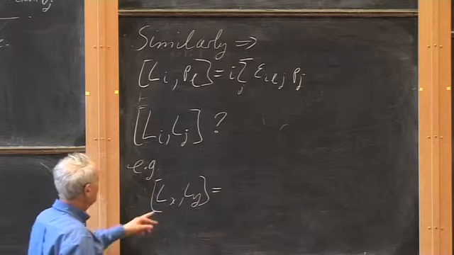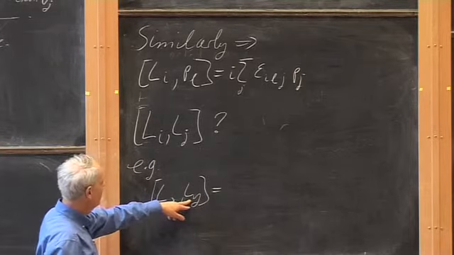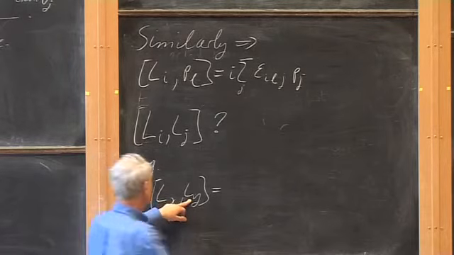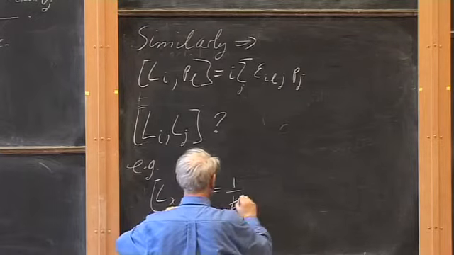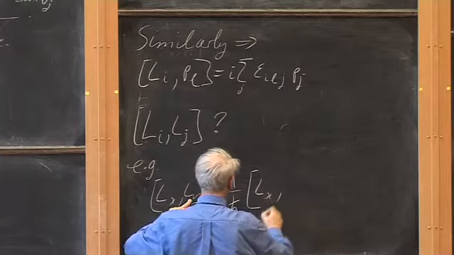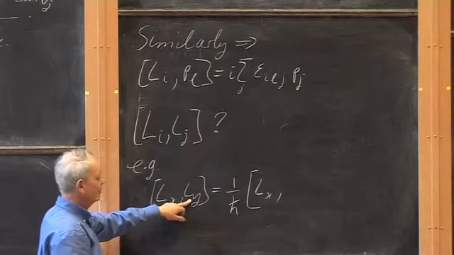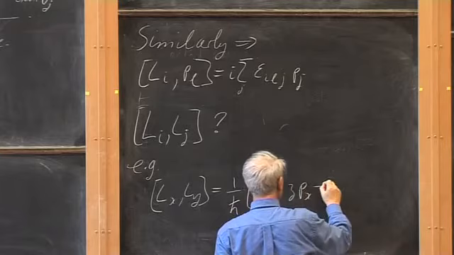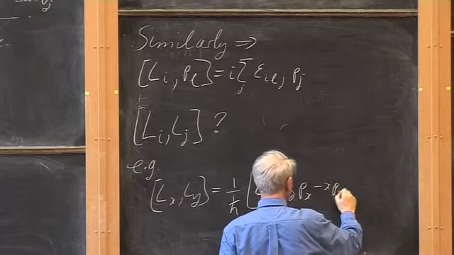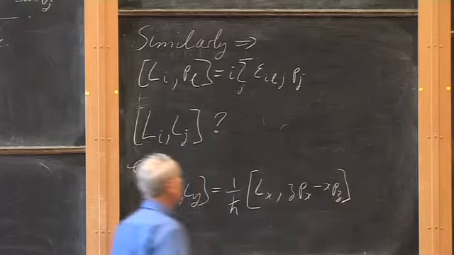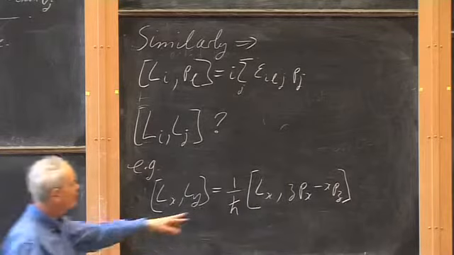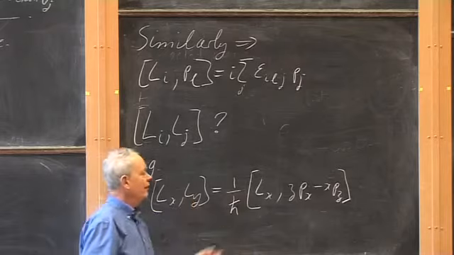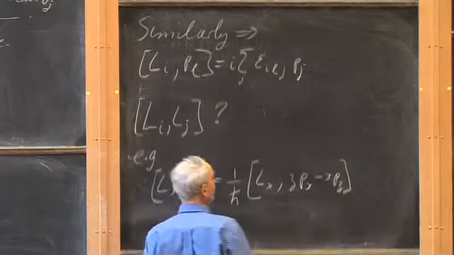What we do is we replace one of these, shall we say this one, by its expansion in terms of x and p. So this is going to be 1 over h bar of [Lx, Ly]. So what is Ly? Well, Ly must be, I think, z px minus x pz. So this product divided by h bar is that, if I've not got my signs wrong.